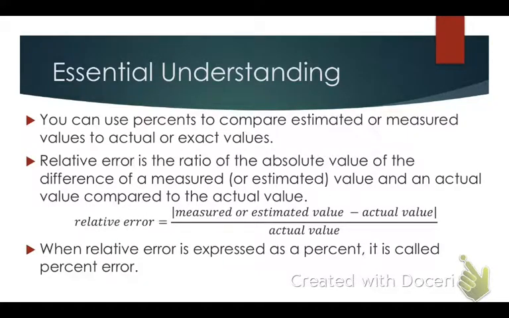When we use this, it is called the percent of error. Okay, so we have the measured/the estimated minus the actual divided by the actual. So again, very similar to our percent of change.